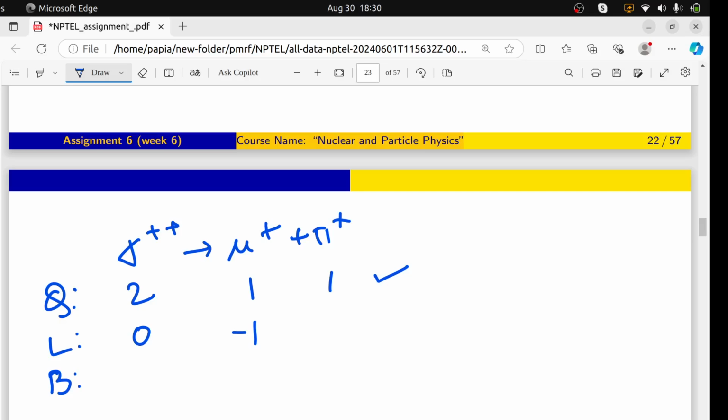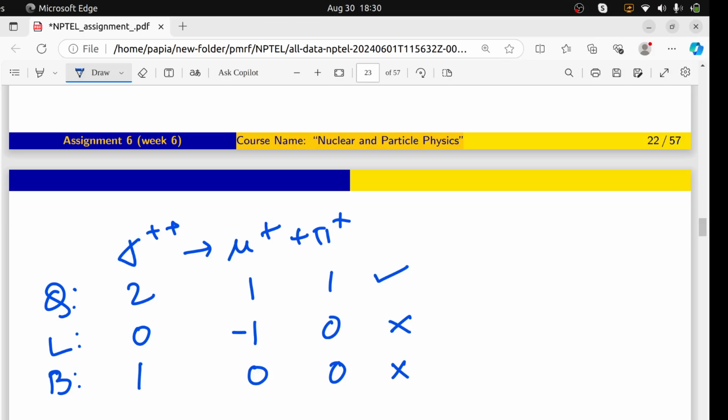This is also not a lepton. So that means it is not going to happen. Now coming to baryon, obviously if lepton number is not conserved, we don't need to check baryon number, but for completeness we are checking it. Baryon is fine. This is 1, this is not a baryon, this is also not a baryon, so that is also not going to happen.